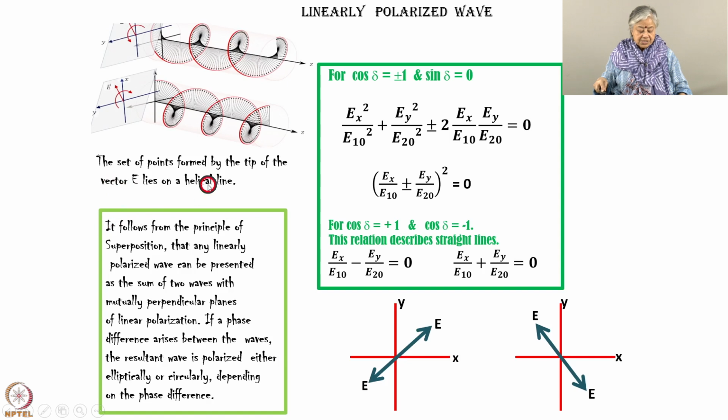So, the set of points formed by the tip of the vector E lies on a helical line. But at one particular z, it will become a circle. Okay, you can follow. Try to imagine what would happen at that z plane. It will be an xy plane perpendicular to the z direction, and what will that tip trace out?